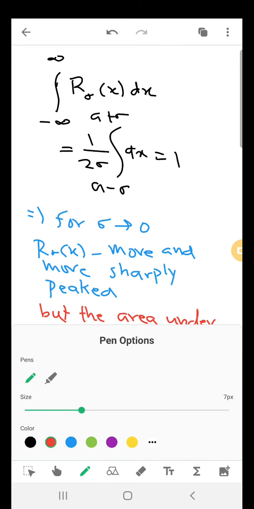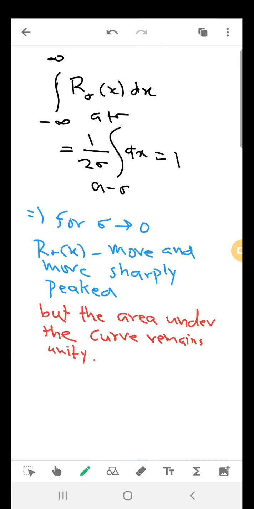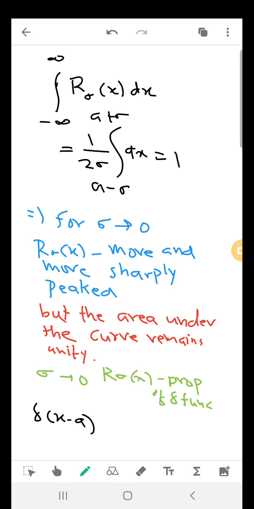So for sigma tends to 0, the rectangle function has all the properties of delta function, and we can say delta(x minus a) is equal to the limit sigma tends to 0 of R sigma x.